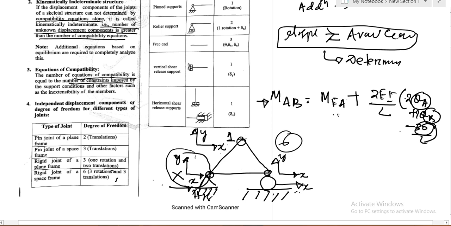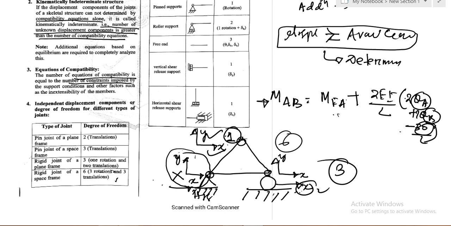So how many actual degrees of freedom are available in this pin jointed plane frame? This one joint has 2 things, and this one has 2. Plus 1 at the roller, so total 3 degrees of freedom can be possible in this particular pin jointed plane frame. Degree of freedom means how many independent displacements there are in a particular structure.